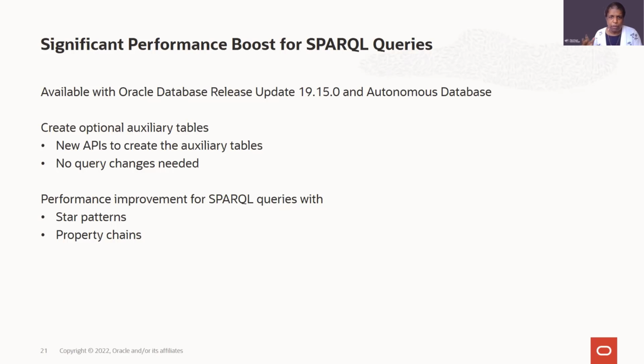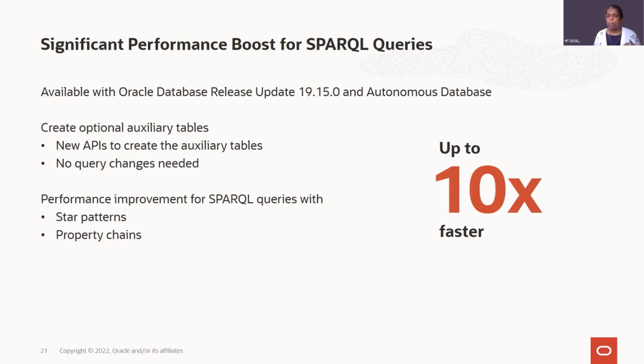They're not materialized views, but conceptually, they are like materialized views because you are storing some information in some additional structures that will be used during query. So especially for SPARQL queries, SPARQL is a query language for RDF graphs. For SPARQL queries with star patterns, property chains, you can get up to 10x and sometimes more improvement while running those queries. So we're very excited about this feature.